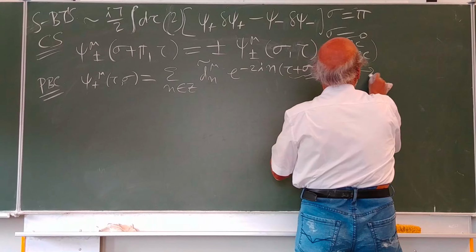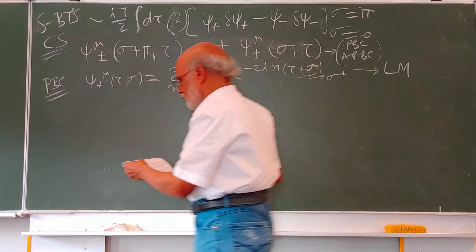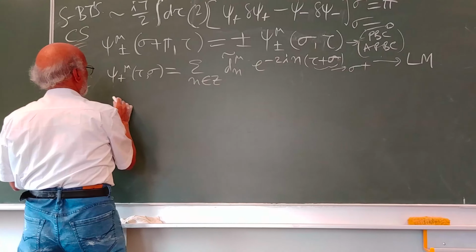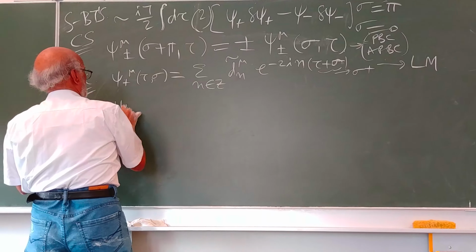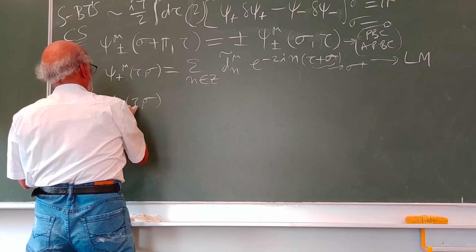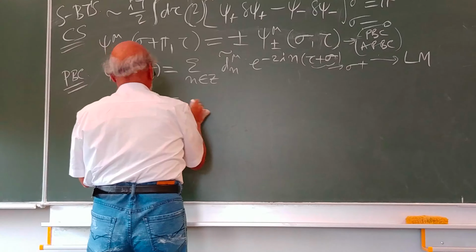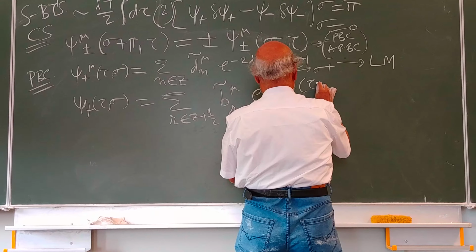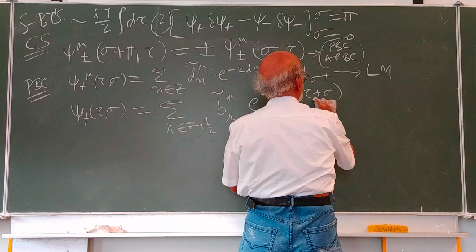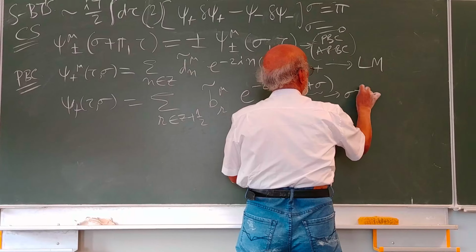So then this would be my left mover, and I can have psi plus as this, equal to b mu tilde r e to the power minus twice i r (tau plus sigma). This is also a left mover.